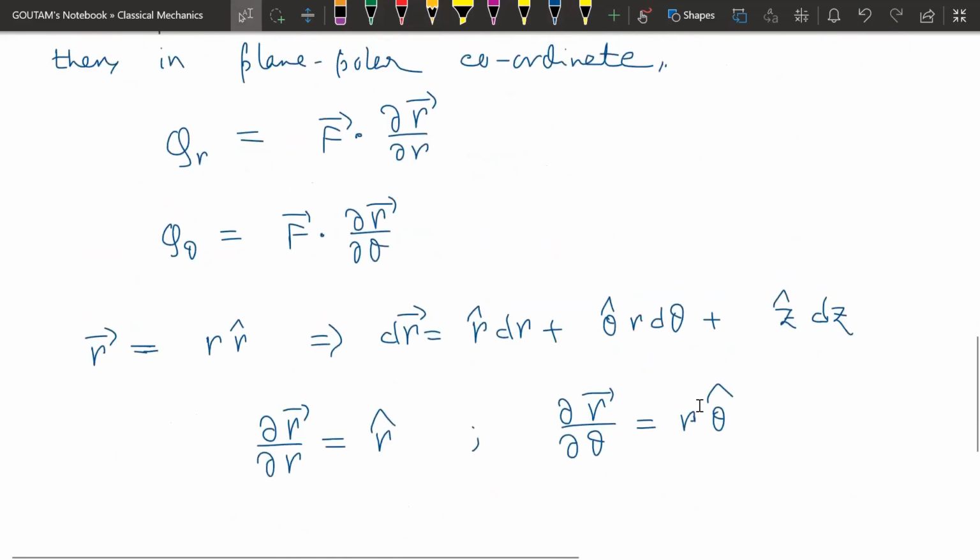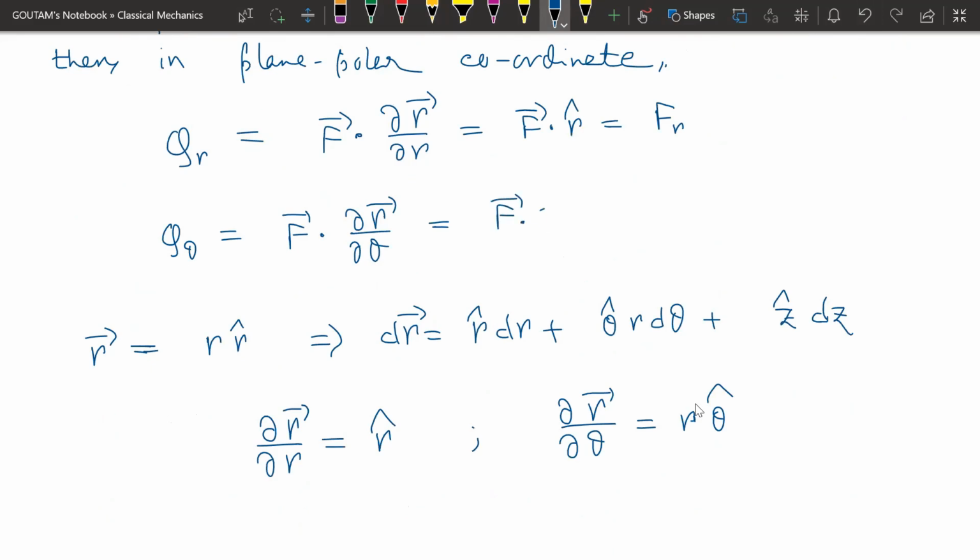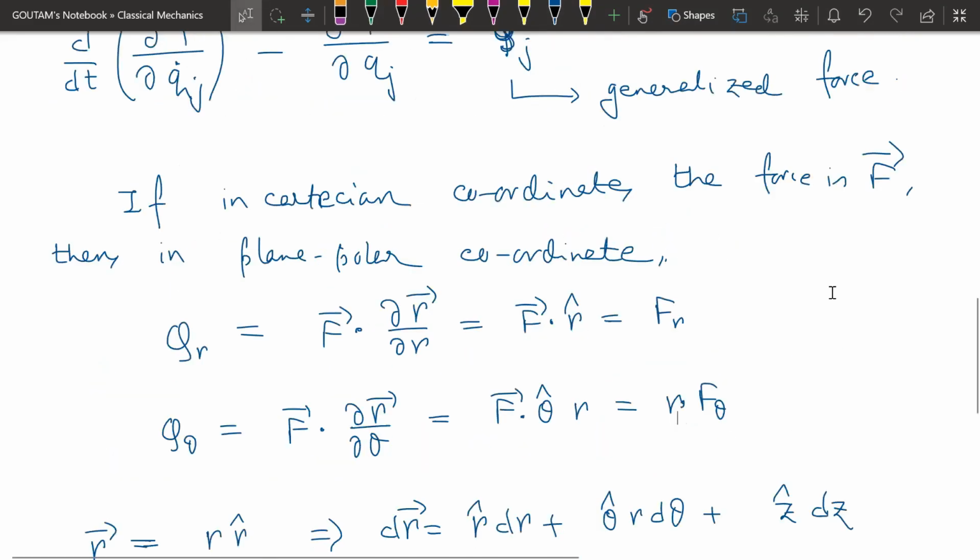So what we are getting is the generalized force along the r radially outward direction, which is F dot r hat, that means F_r. And the other component is F dot theta hat times r, which will be r F_theta. What are F_r and F_theta?